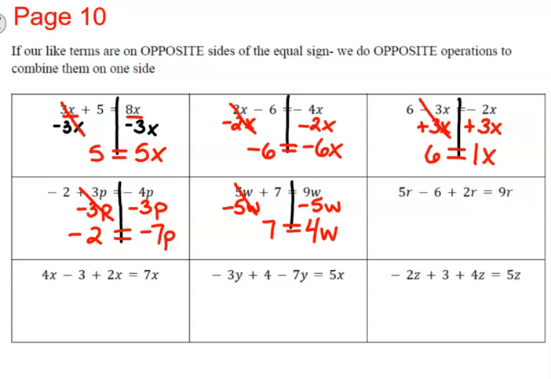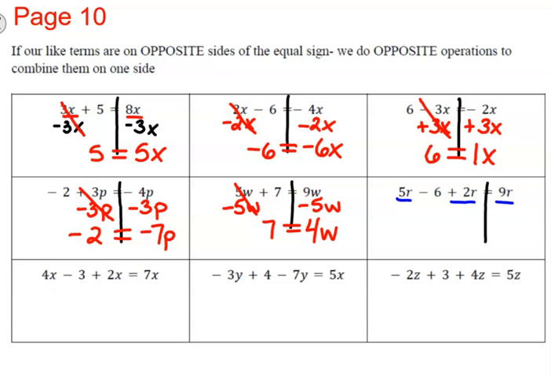When you look at something like the next box, I have more than one like term. Here I have 5r, 2r, and 9r. This is where we want to be careful. Think about where your equal sign is. Here's my equal sign. Notice I have 2 different r's on the same side of my equal sign.